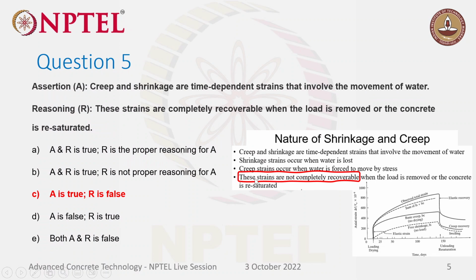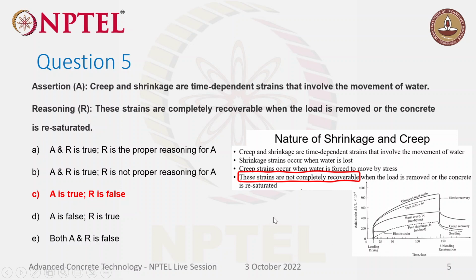Here it's clearly mentioned in the lecture that these strains are not completely recoverable, because there will be only elastic recovery and a creep recovery once the load is removed, and if the concrete gets resaturated there will be some elastic recovery from the shrinkage as well, but it is not completely recoverable.